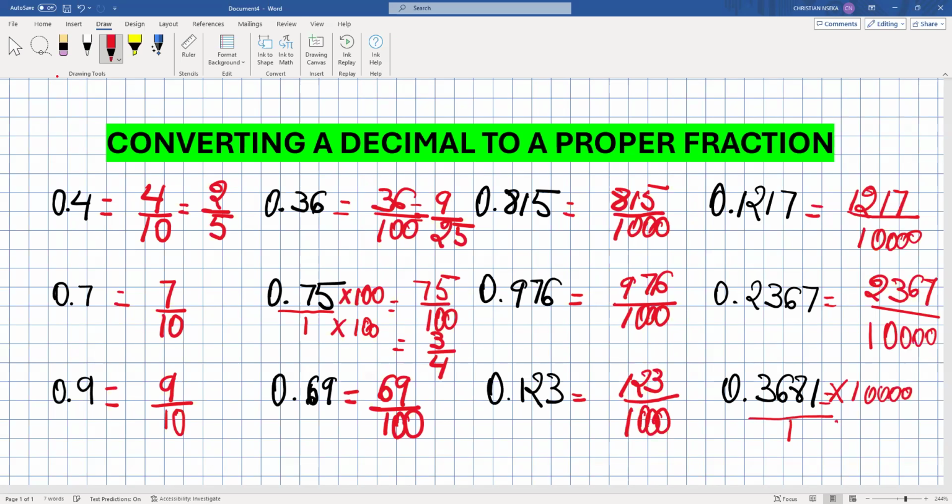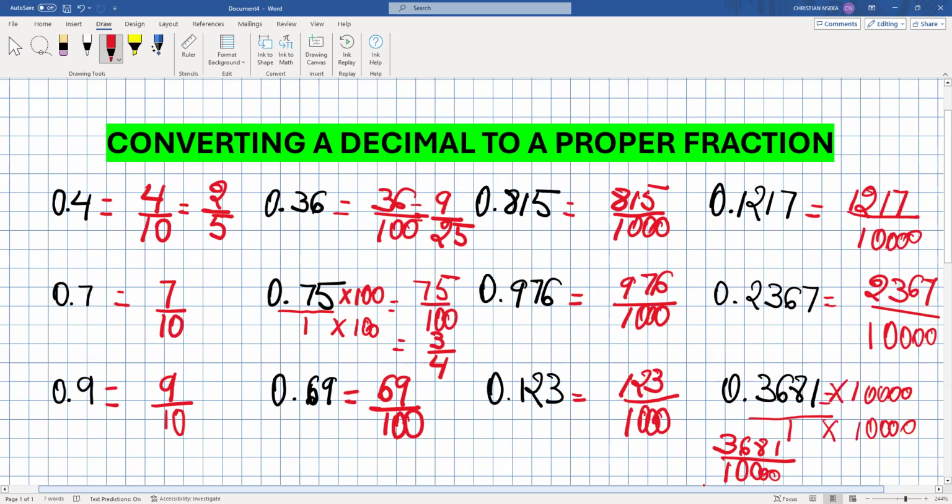I multiply this as well by 1 with 4 zeros. So once you do that, you will have 3,681 divided by 1 with 4 zeros. All right. This is how you convert a decimal number to a proper fraction.